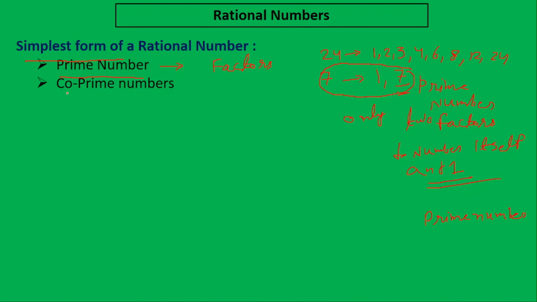So you got to know prime numbers. Now co-prime numbers. What are co-prime numbers? Other than 1, no other common factors.